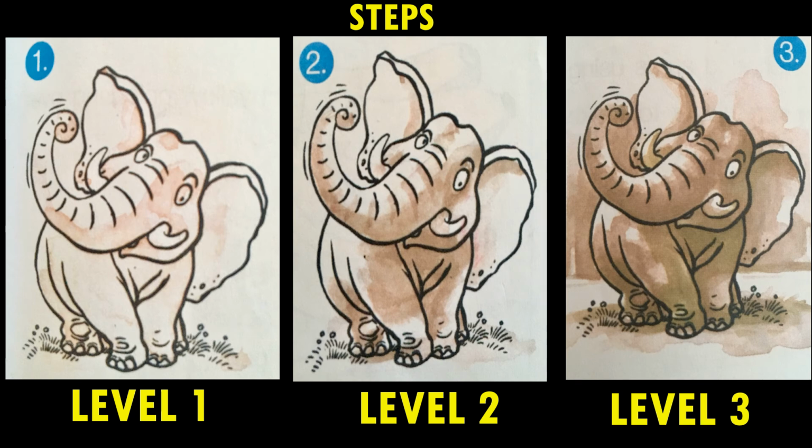And for picture number 3, apply a further layer of shading, increasing the maximum shadow value to level 3. This will darken the picture and reduce the unshaded area to indicate only the parts that directly face the light source.